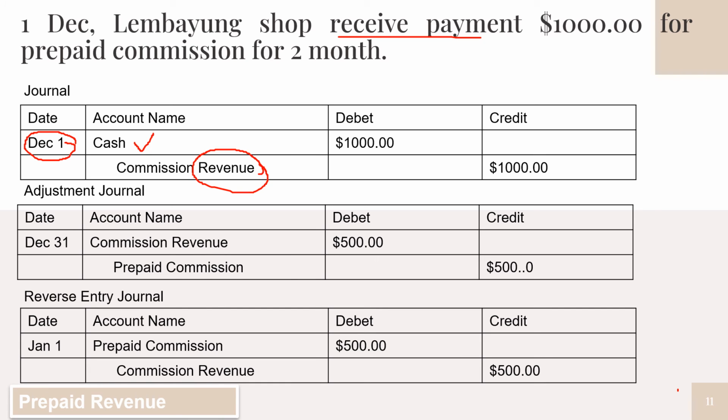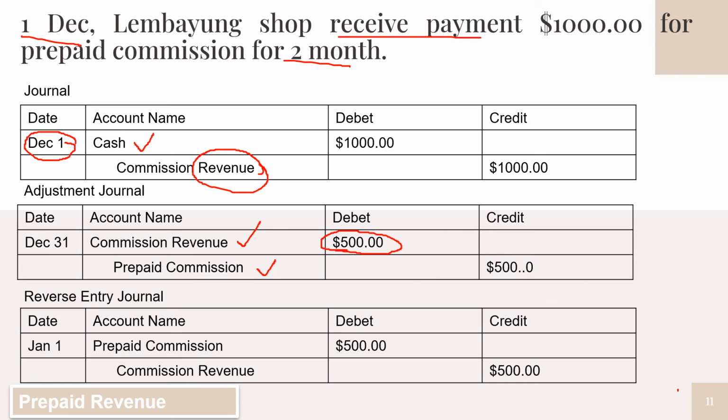Because this payment is for 2 months, and 1st December up to 31 December is only 1 month, it's only half of $1,000, or $500. The adjustment journal is commission revenue debit $500 and prepaid commission credit $500.